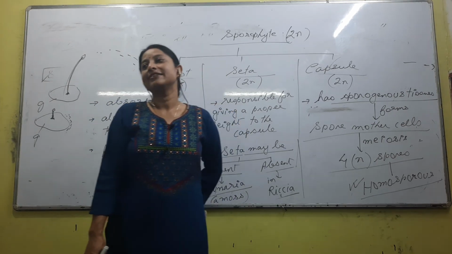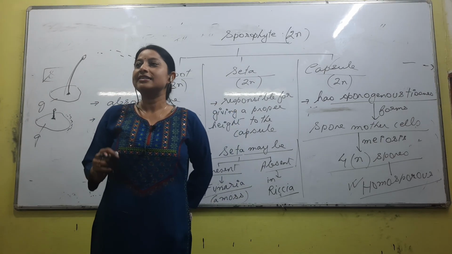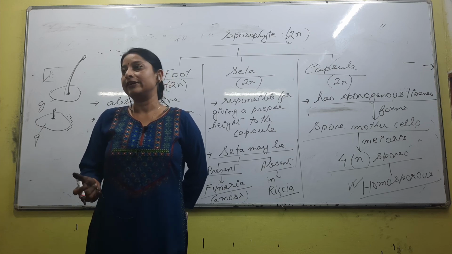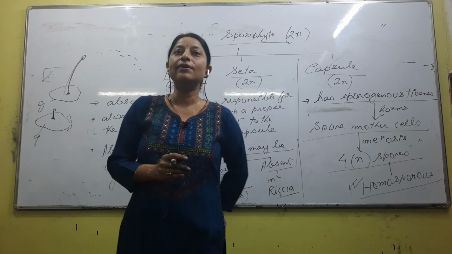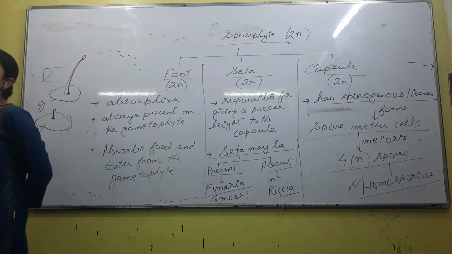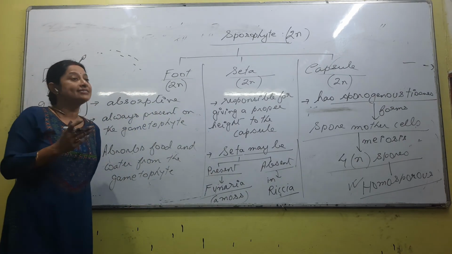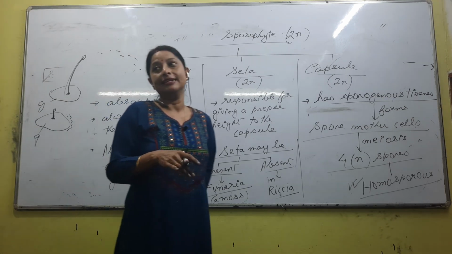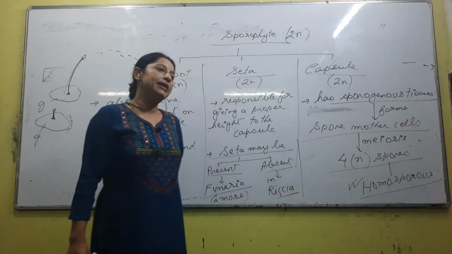Again the question is asked. Spores, something that is present in bryophytes, is also present in pteridophytes. We have to read two words. One is homosporous, the other is heterosporous. Heterosporous condition is seen in some plants, homosporous condition is seen in others, right? So these are the points that you will compare in study.